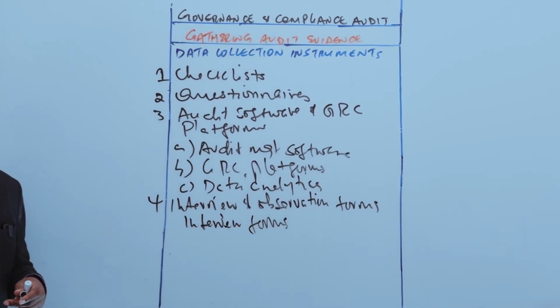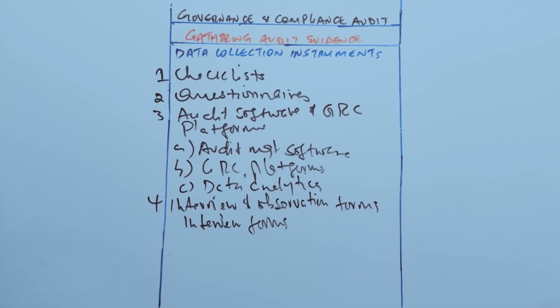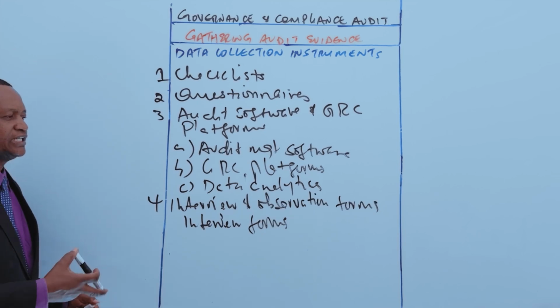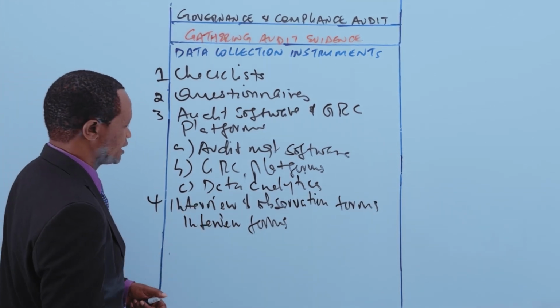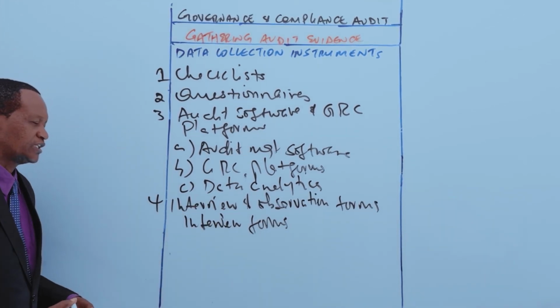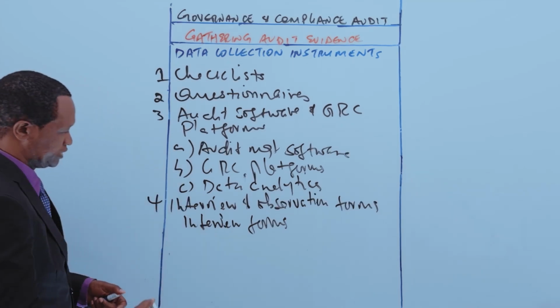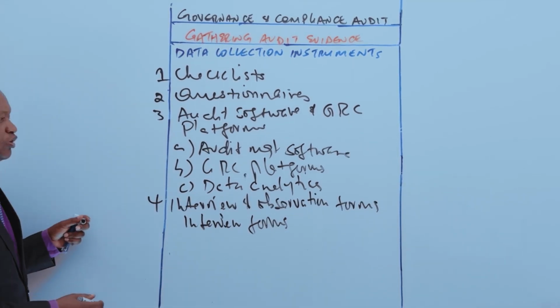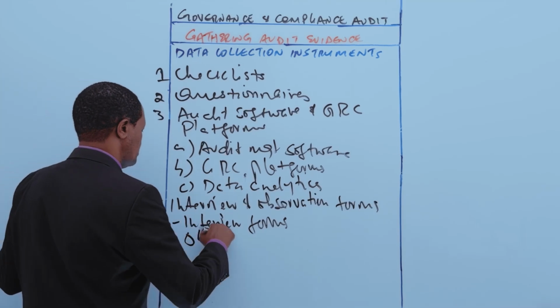Interview forms, candidates, are used to record the questions asked and the responses received during interviews with key personnel, and this ensures that the auditor has a consistent and detailed record of the conversations that are held by the board of directors or the top management.